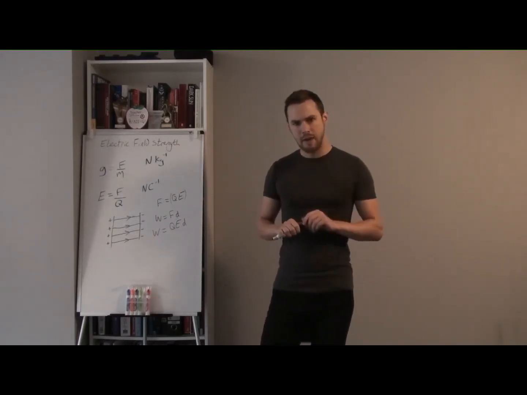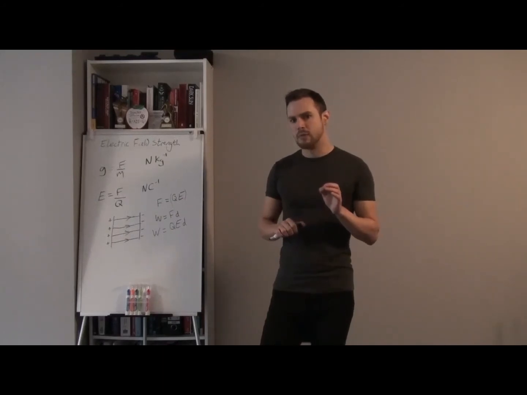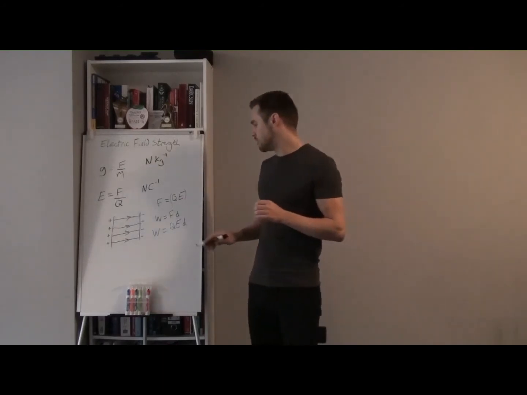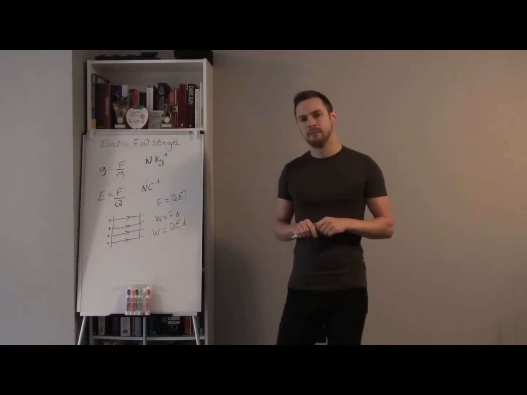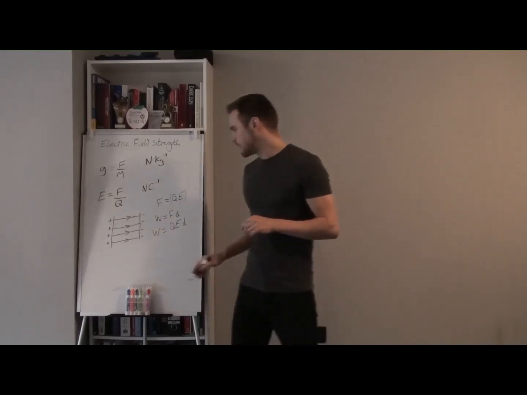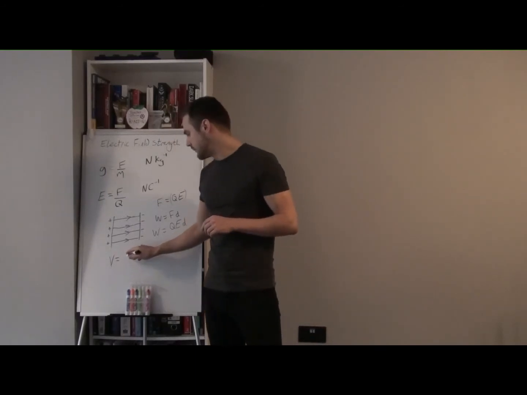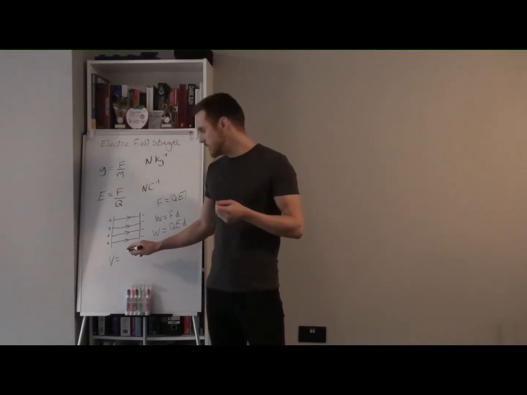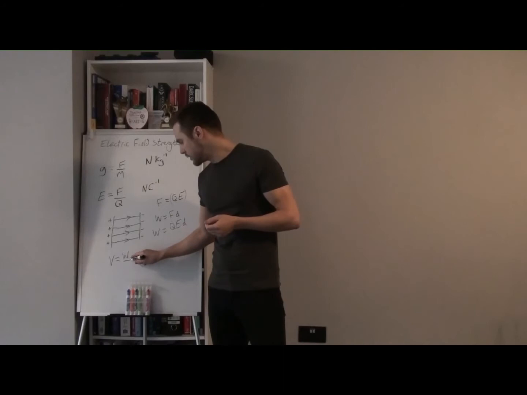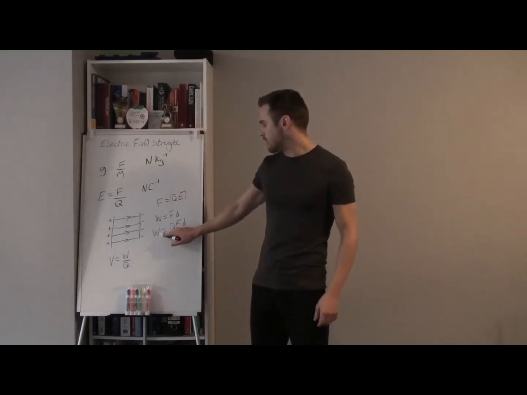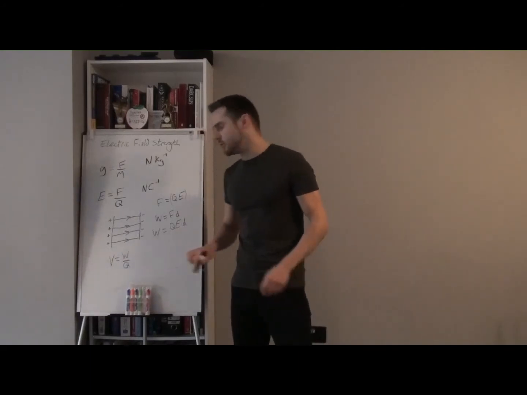Now once we do that, we can think for a moment: we know another equation that relates work done and charge. That equation is the equation linking potential difference. Potential difference is the work done per unit charge. If we look at these two equations, we can put these together also.